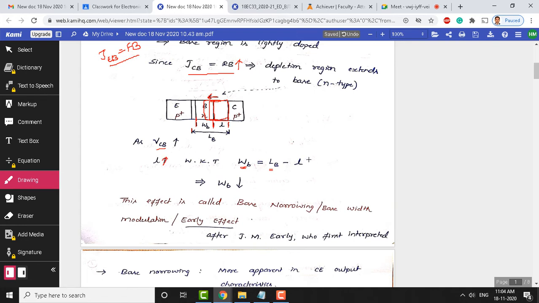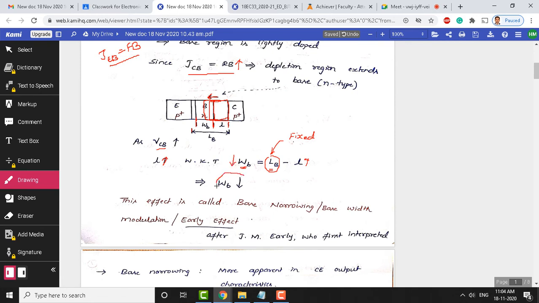LB is going to be a constant value; this cannot vary, it is already fixed at the time of fabrication. Due to the increase in collector base voltage, L keeps increasing, and when L keeps increasing, WB keeps decreasing.